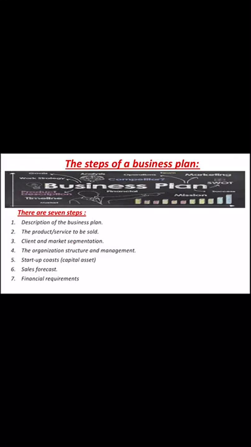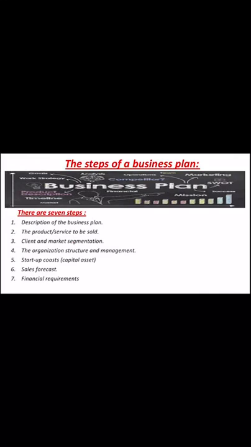Number two, the product and service to be sold. It has to have the products and the services that you are willing to sell or to offer. Number three, client and market segmentation, everything related to the clients and the market.